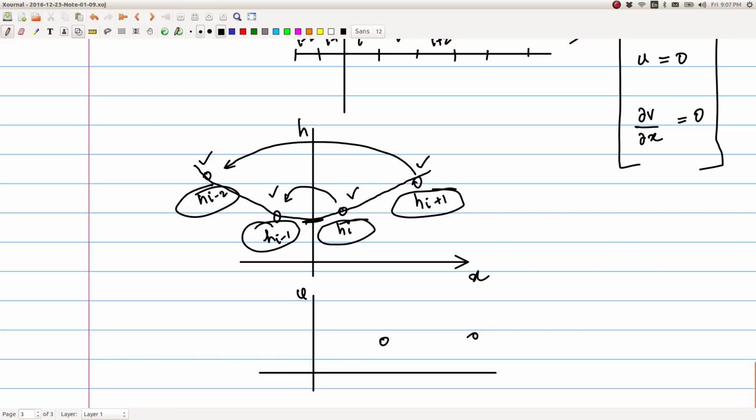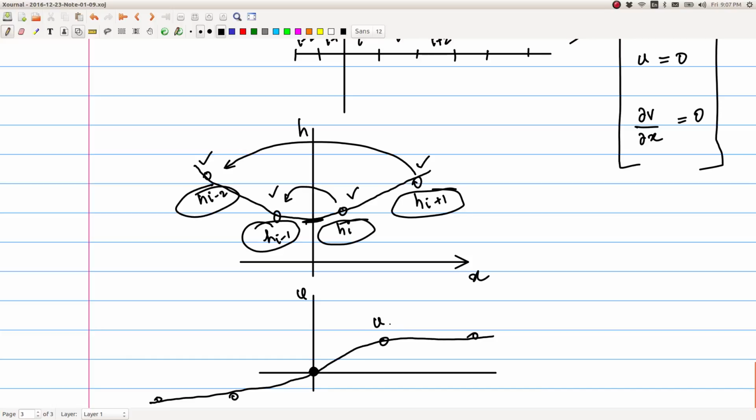To make the value of u equal to 0, that is, for the function to pass through this point, we need the ghost cells to have this kind of a character, such that when we draw a line passing through all these points, it will pass through the origin.